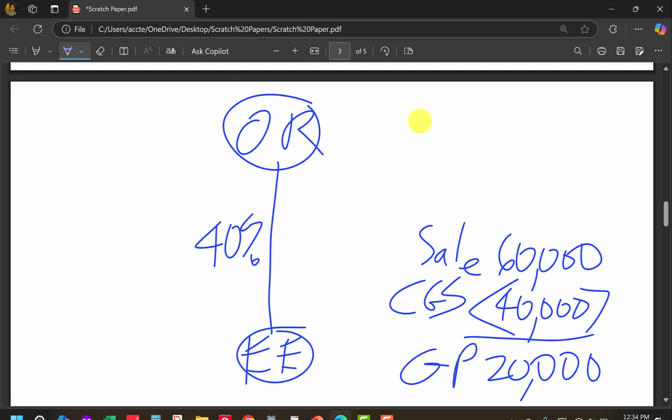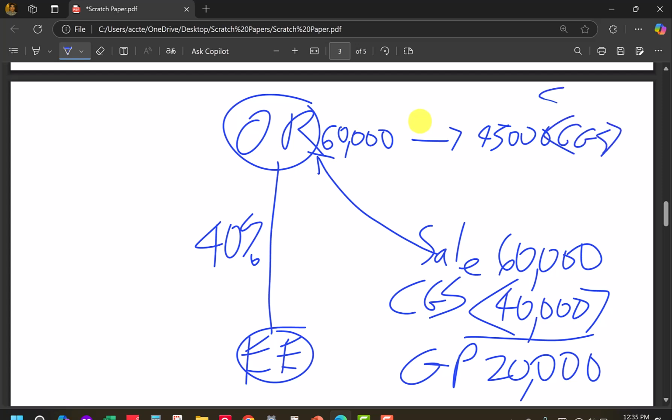Okay, so all of this is a purchase by the investor, let's say 60,000. And most of it, 45,000, is cost of goods sold. It was sold by the investor at whatever sales price. We weren't told that. That's not relevant here. What is relevant is what's not sold. What's left over now is 15,000, or 25% of that purchase.